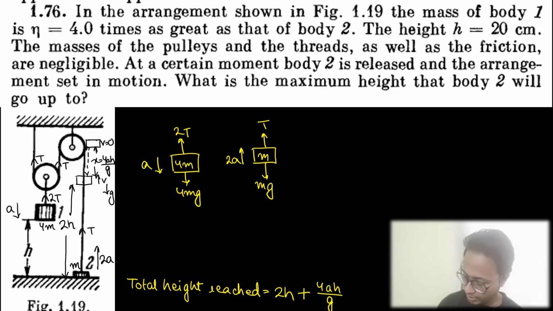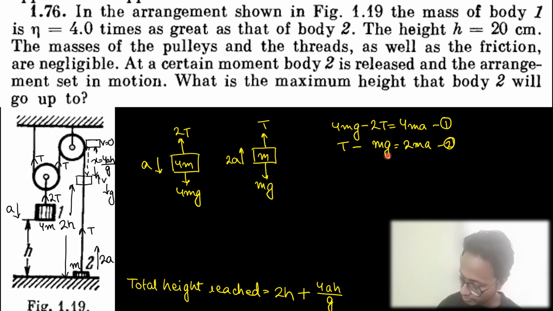So I can simply do two sets of equations. From mass 4m, 4mg minus 2t is equal to 4ma. This is equation 1. And from mass m, it would be t minus mg is equal to 2ma.